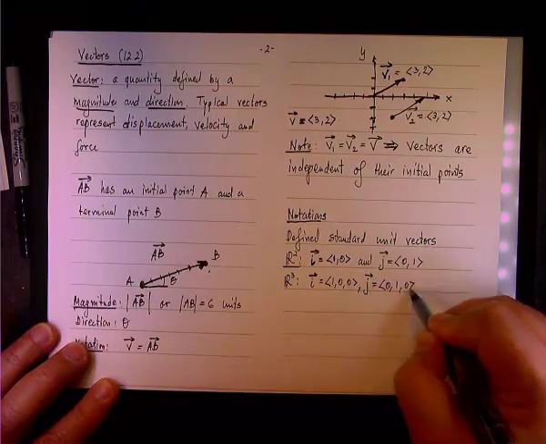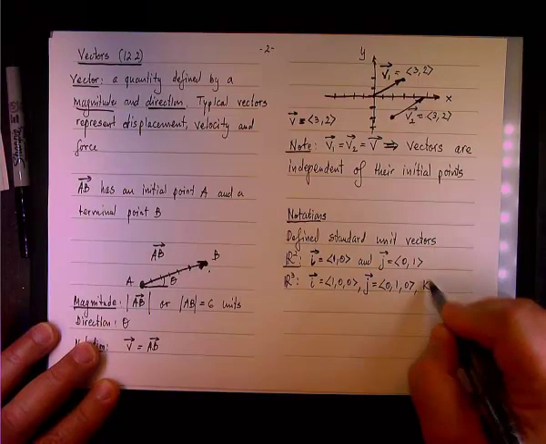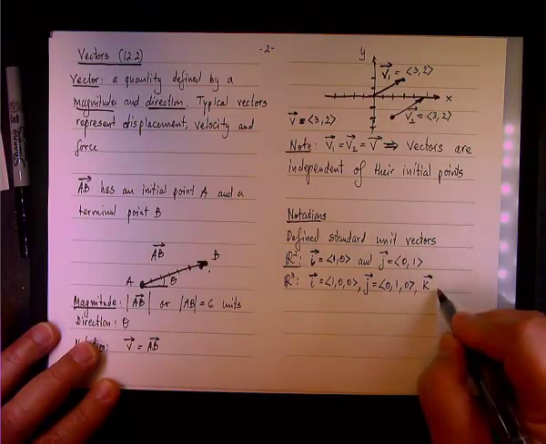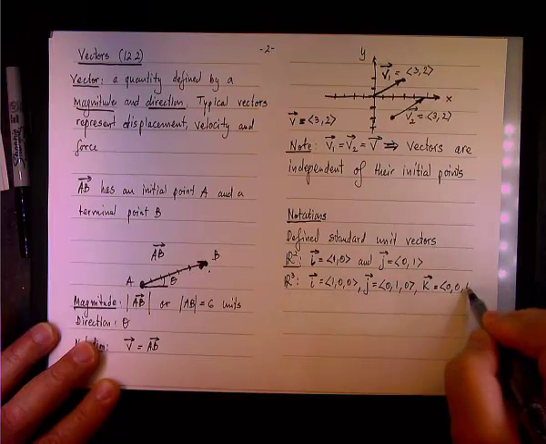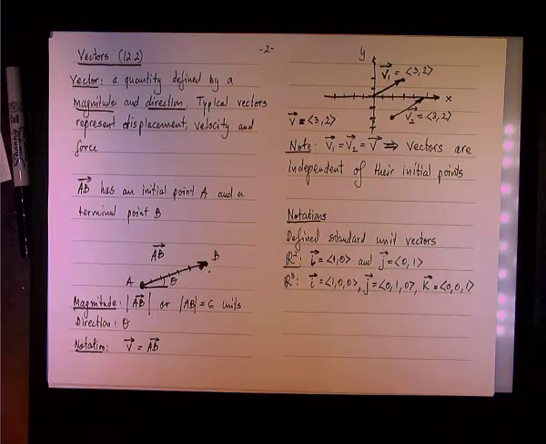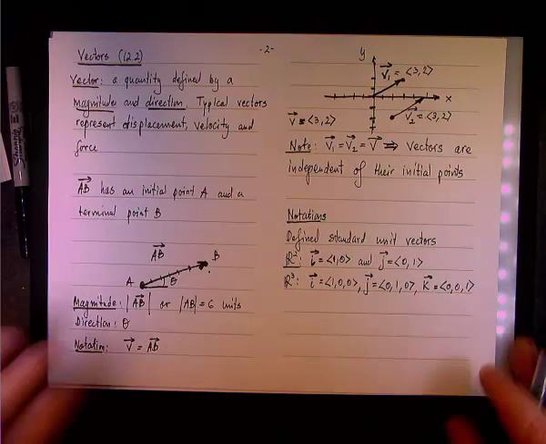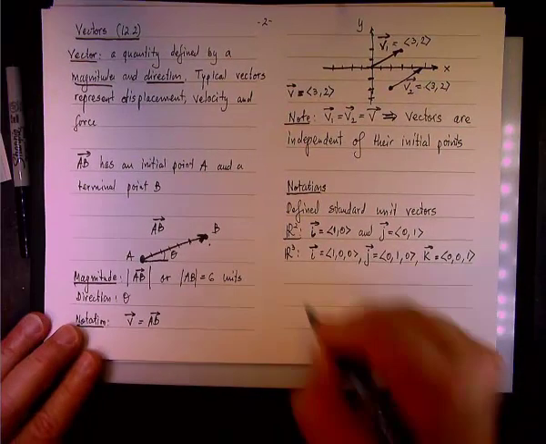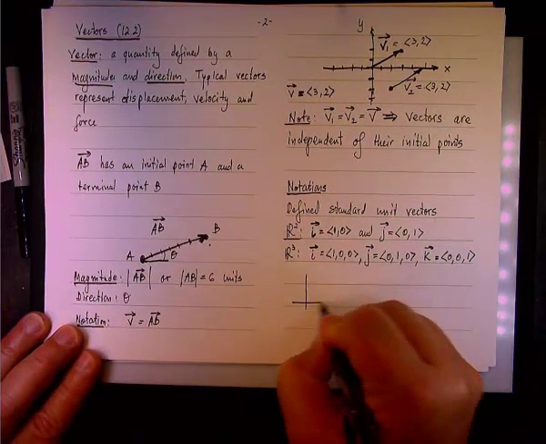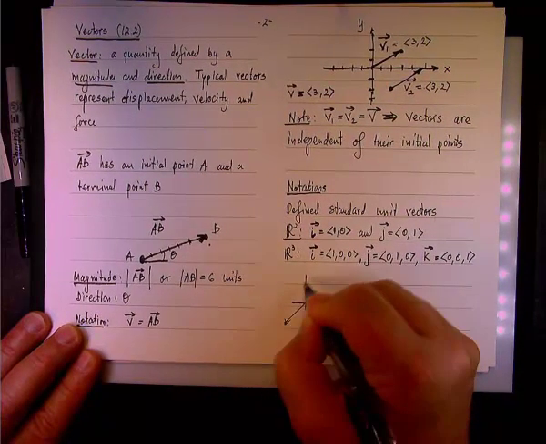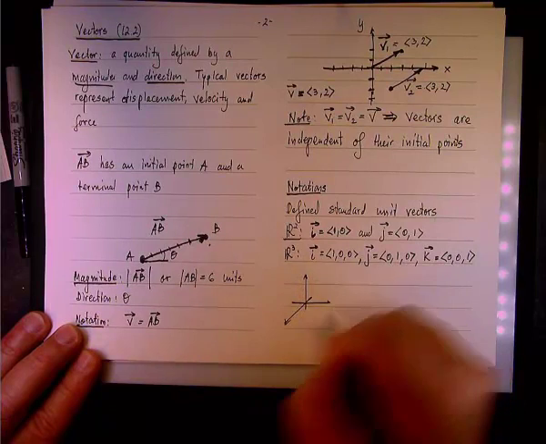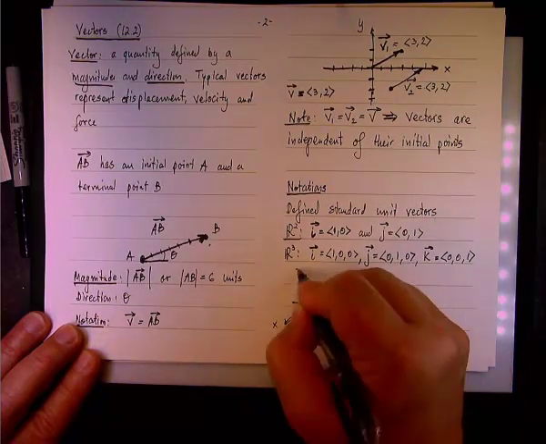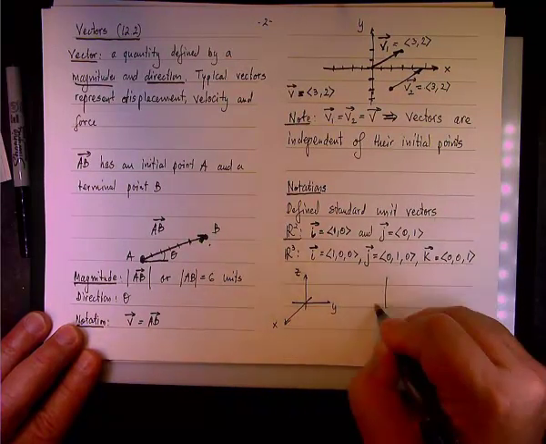In other words, it has a length of 1 in the x direction and nothing in the y or z direction. j will likewise be 0, 1, 0, only a y component, and unit vector k, all lowercase by the way, will be 0, 0, 1, like so.